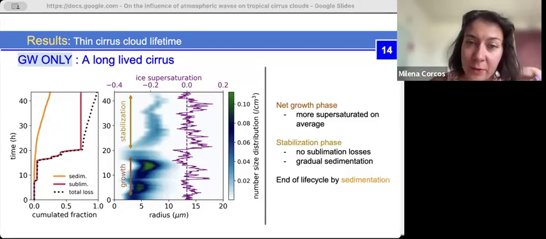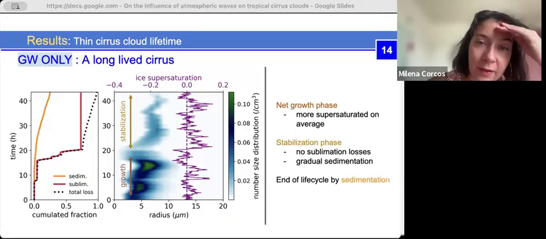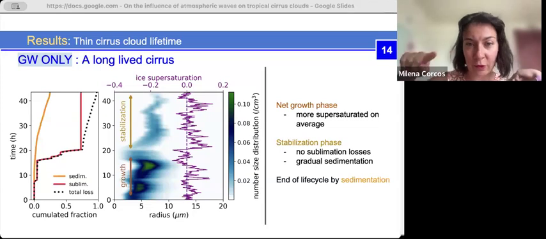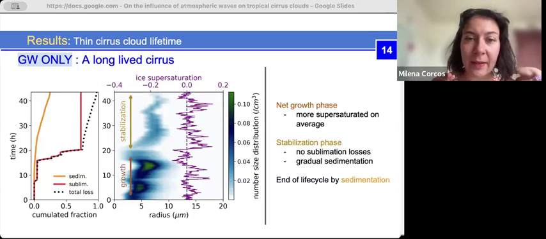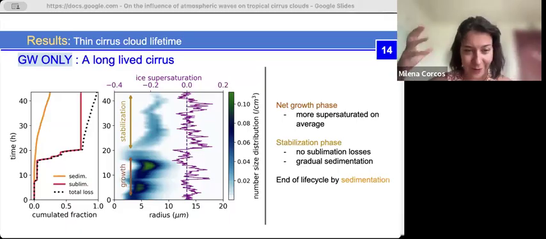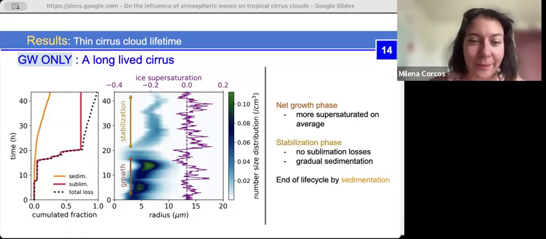I'm showing you also the cumulative ice loss on the left part of my slide. You can notice that sublimation and sedimentation behave very differently. Sublimation occurs in abrupt jumps corresponding to episodic warming events, when sedimentation increases gradually because of the crystals that keep growing and falling.